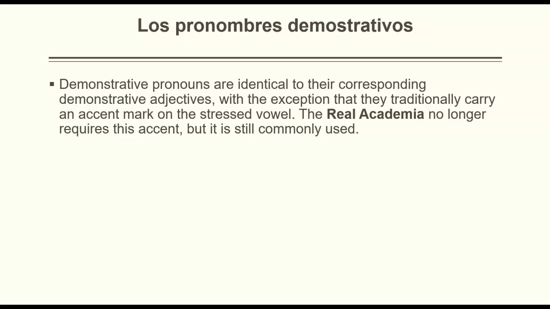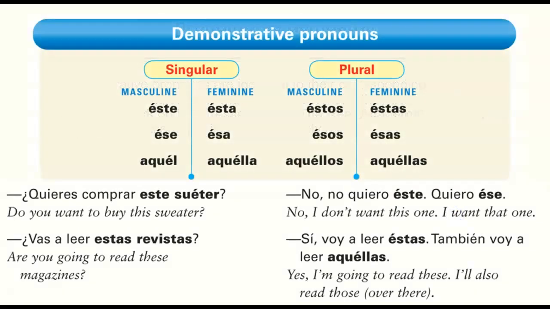But that is changing as we go on. Okay, so here are the demonstrative pronouns, and you'll notice the differences with the accent mark. Éste, ésta, ése, ésa, aquél, aquélla, éstos, éstas, ésos, ésas, aquéllos, aquéllas.